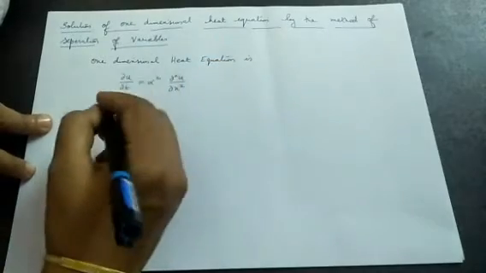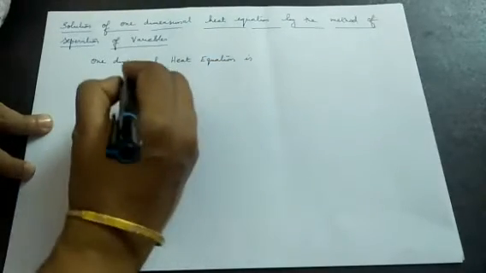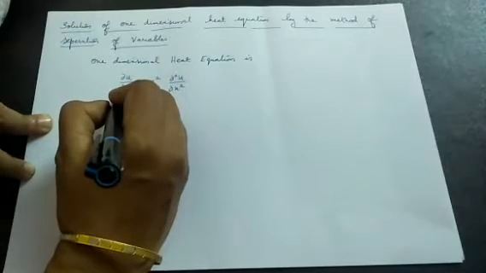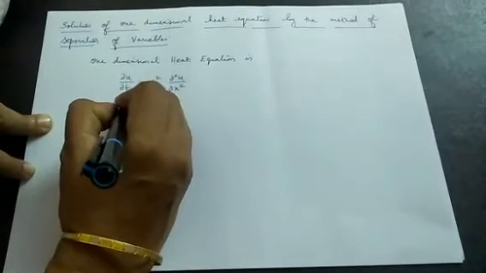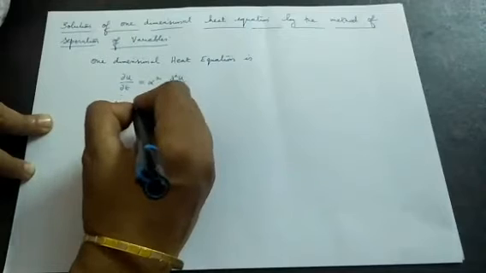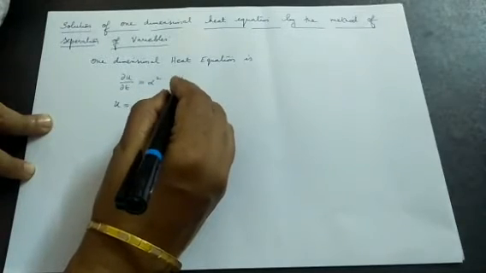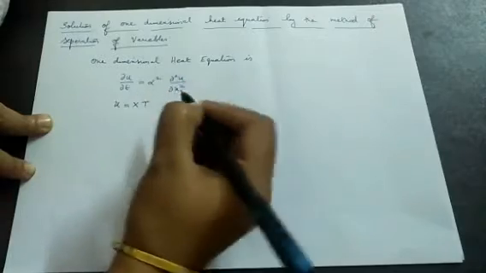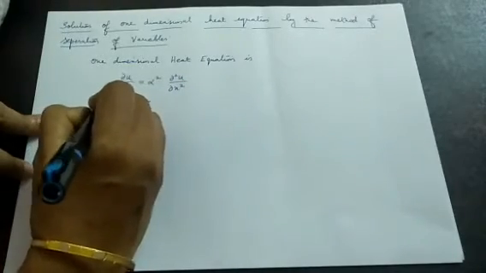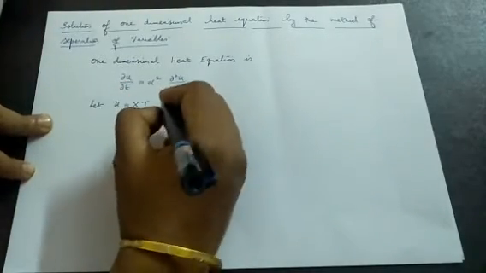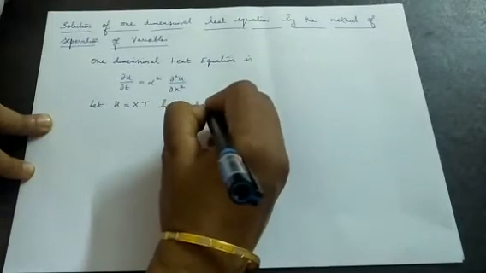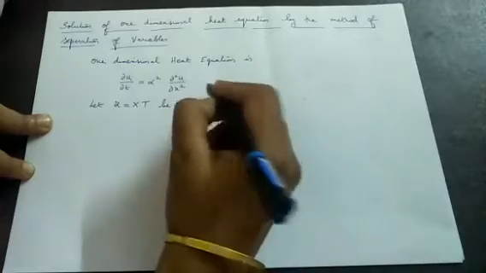Now, here we have ∂u/∂t, therefore u is a function of t, and here we have ∂²u/∂x², therefore x and t. Let u is equal to X T be the solution of this heat equation.